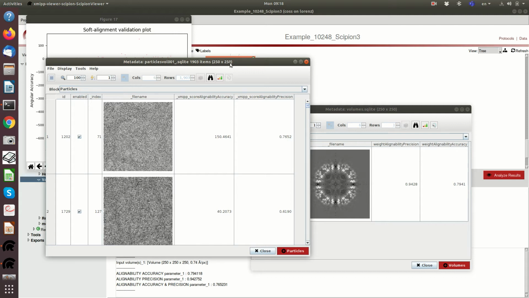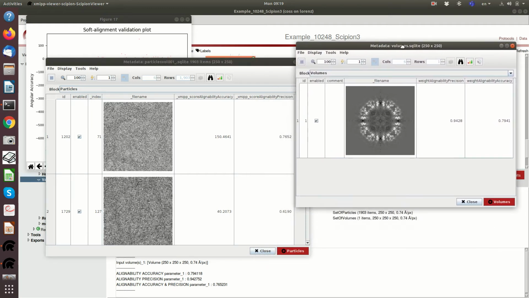But then you may wonder which is the second best correlating direction, which is the third best. You would expect that for a good angular assignment they are all clustered around more or less the same direction. If this is not the case, probably that is a particle for which you don't know where to put it, and then you're not so sure about that angular assignment.